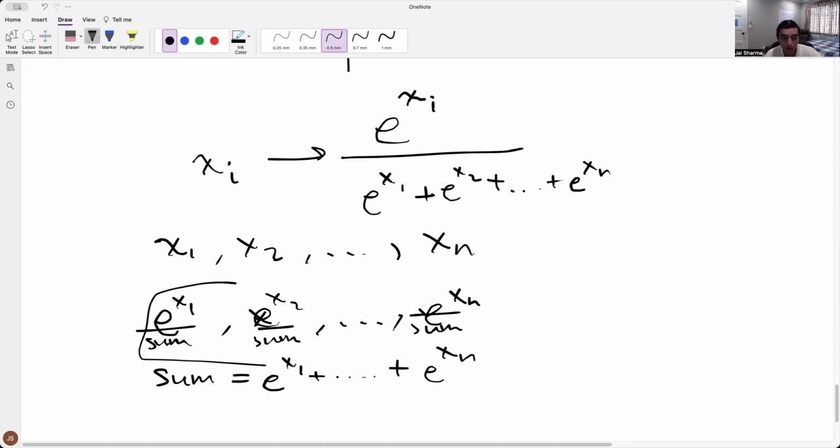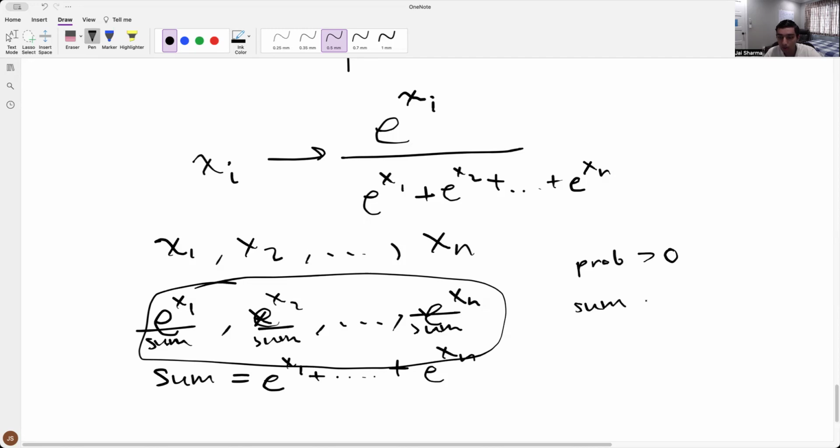What this will do is make all of these positive. That's one thing. Probabilities have two requirements: each of the probabilities has to be positive, and the sum of the probabilities has to be equal to 1 exactly, right? By taking e to the power of all that stuff, we guarantee that they're all positive. And by dividing by the sum, we guarantee that the sum of them will be equal to 1.